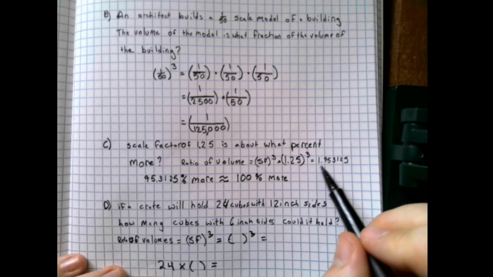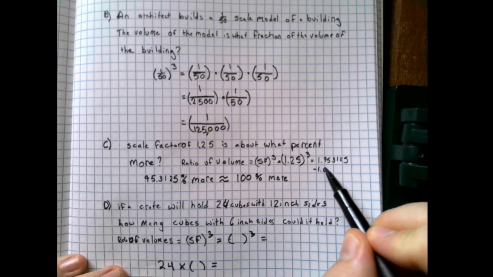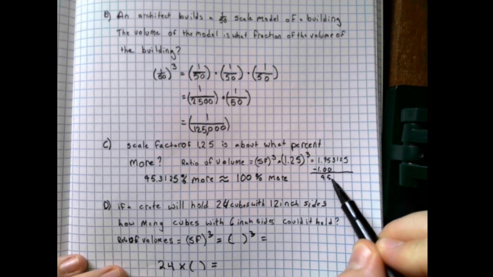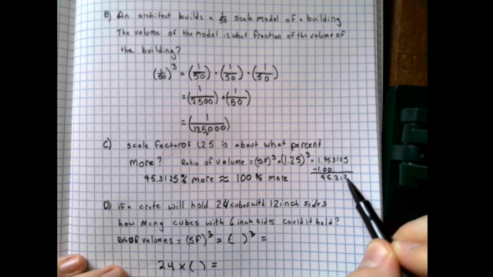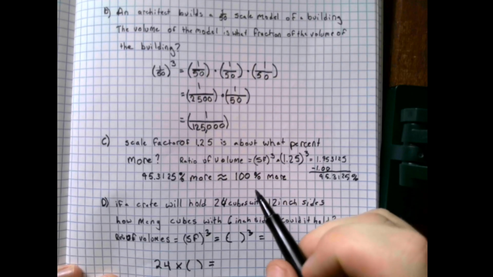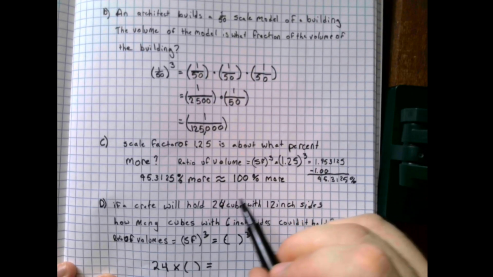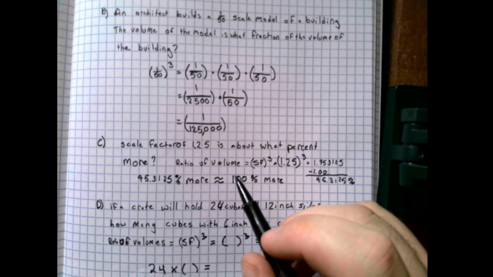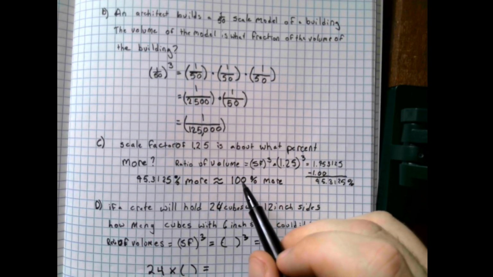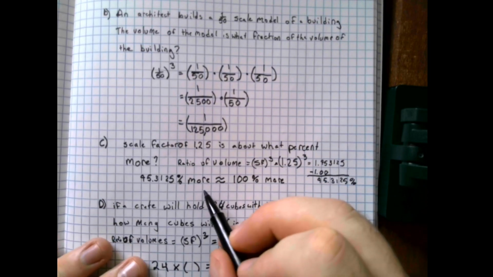Now if we subtract 1.0, which is 100%, we'll get 95.3125%. And that's 95.3125% more, and this was a multiple choice practice set problem, so we're going to say that that's about 100% more, which is C.